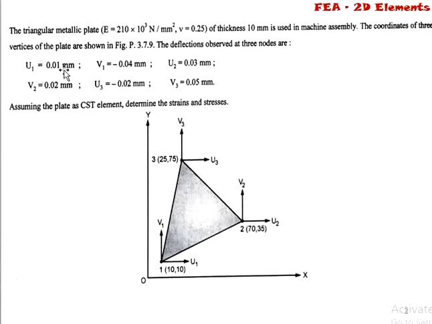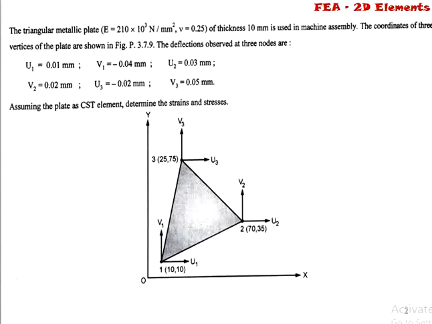That is u1 0.01 mm, then u2, mistakenly written as v1, so u2 is equal to minus 0.04 mm, u3 0.03 mm, then v1, v2 and v3 respectively. So assuming the plate is a CST element, determine strain and stresses.